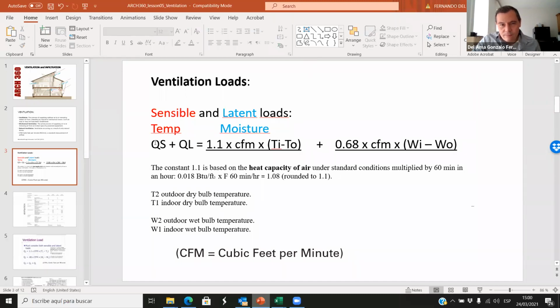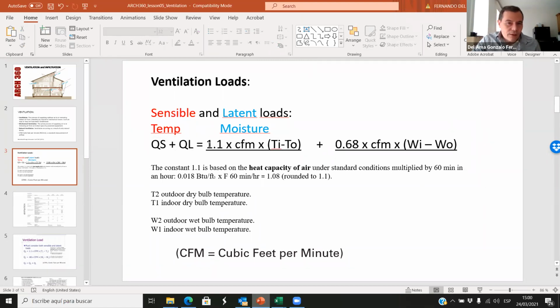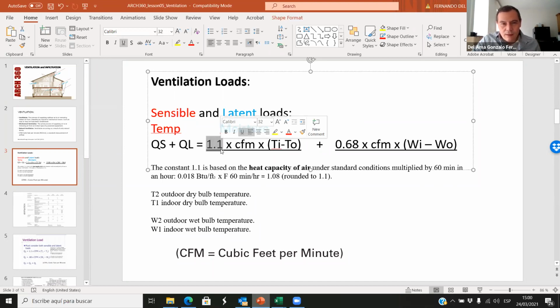We have this formula, and I have attended these teaching demonstrations from other people, and they might use a different formula, but at the end, it depends on the units. They all have the CFM. They all have a factor, a constant, and this constant depends on the units.